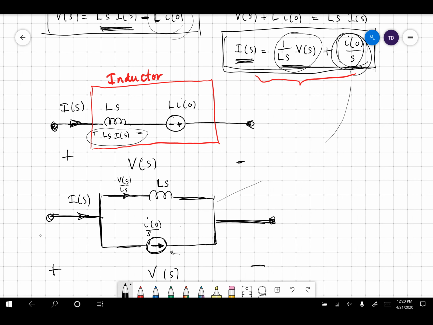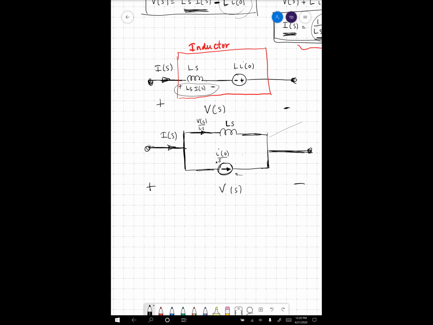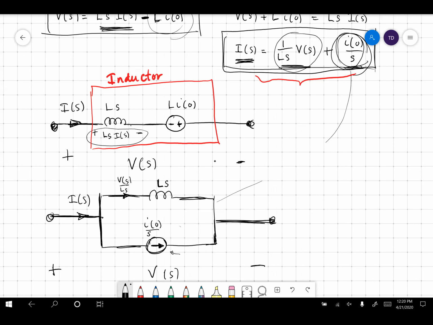Let's pause on this for a moment and talk about a couple things. There are a couple of things I like to think of when I'm thinking of these initial conditions, what happens with the initial conditions for an inductor and for a capacitor, and what direction we have these sources. The direction of the sources, think of them as being dependent upon what the initial condition is.